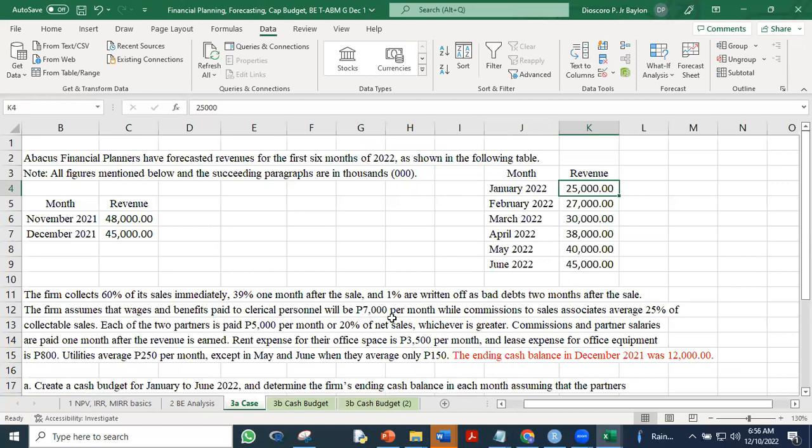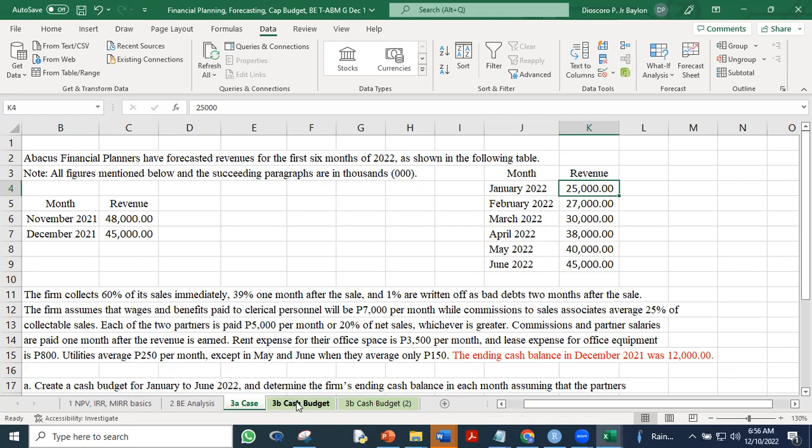Is either 7,000 per month. No, sorry, that's the salaries. 25% of collectible sales. Sorry, it's 25% of collectible sales. Commissions, while their salaries are 5% per month or 20% of net sales, whichever is greater.